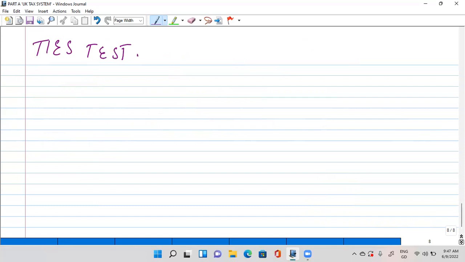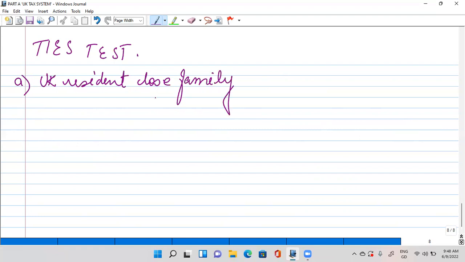The first condition says that suppose you have the person in front of you and you want to determine whether any of his close family member is a UK resident. What do you mean by a close family member?